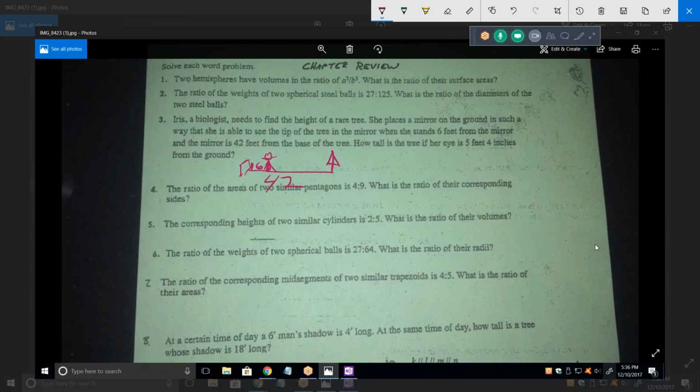Let's draw our mirror slightly bigger so that it goes up to her eye level. And this tree is obviously bigger.